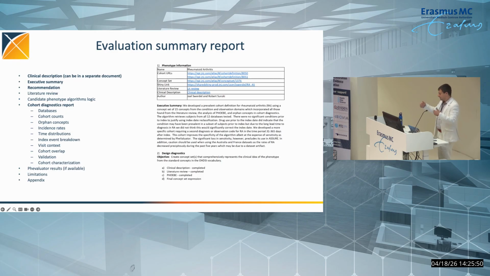And there is a full explanation. To the left you can see the clinical description, executive summary, recommendations, then the cohort diagnostics report, what the characteristics are and what the performance of the cohort is. So it gives you the full information on why that exact definition is in there.